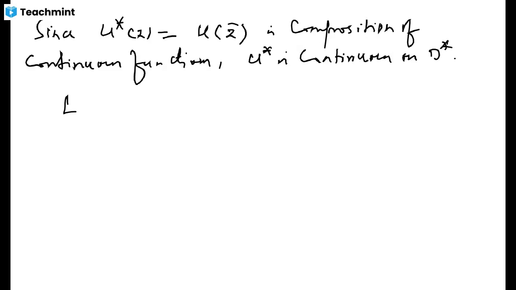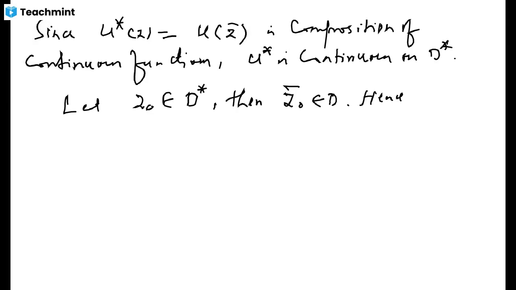So let us fix some Z naught in D star. Then Z naught conjugate has to be in D, because D star is the reflected domain of D, and the reflected domain of D star has to be D. So Z naught conjugate is in D, and U is harmonic there, and hence it satisfies the mean value property.